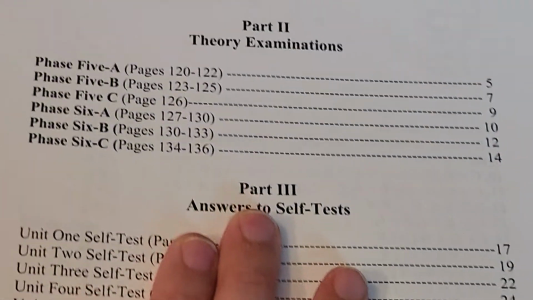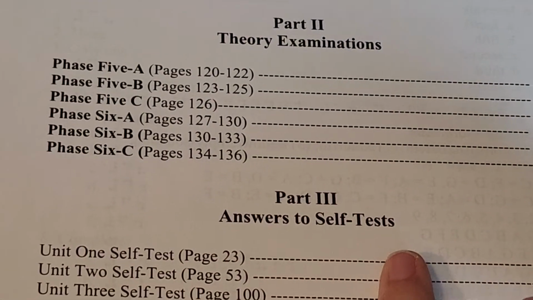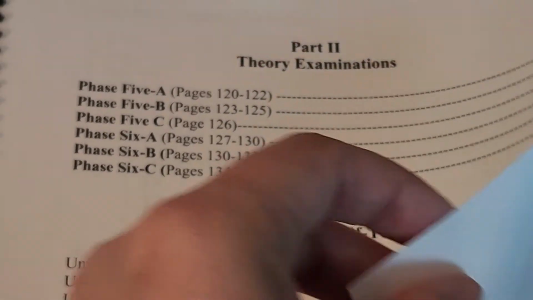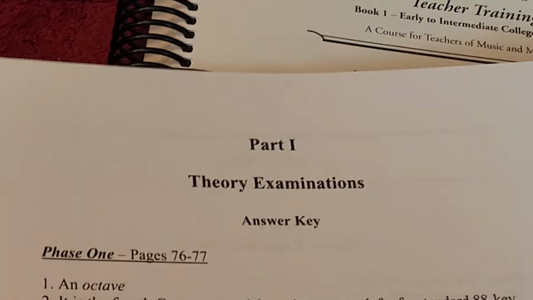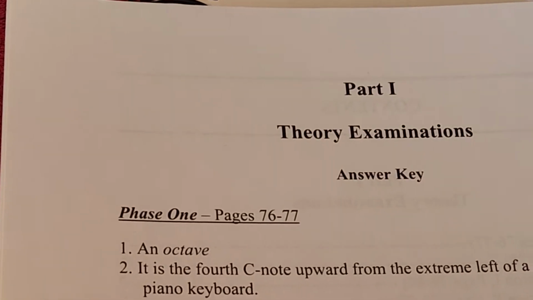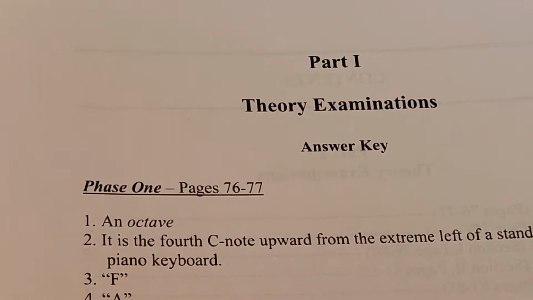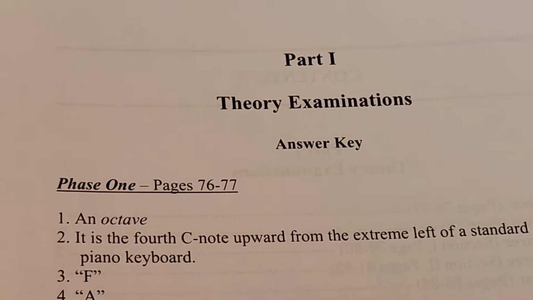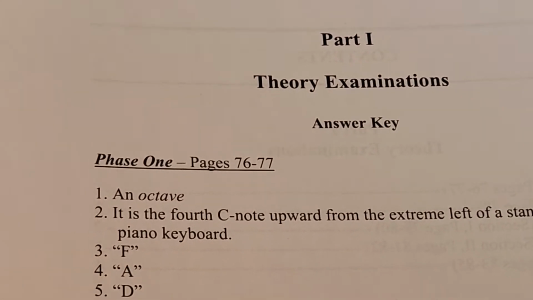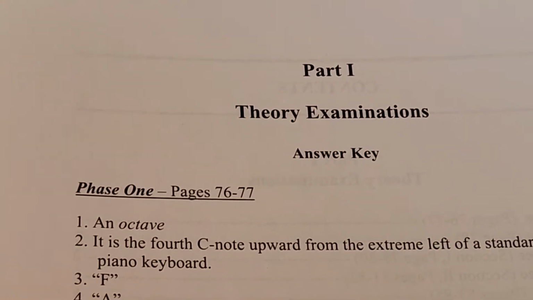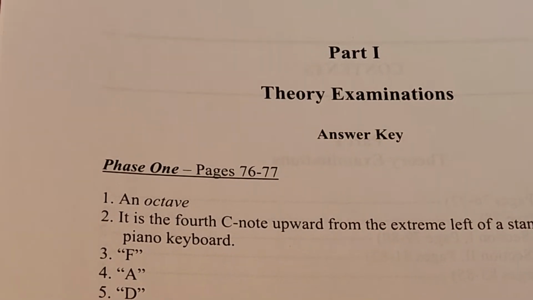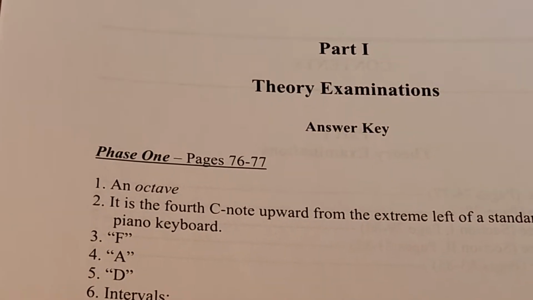So that's all that's in here. The layout is pretty self-explanatory. You just have the answers. You have the problem number and then the answer. So that's how all of them are written out.